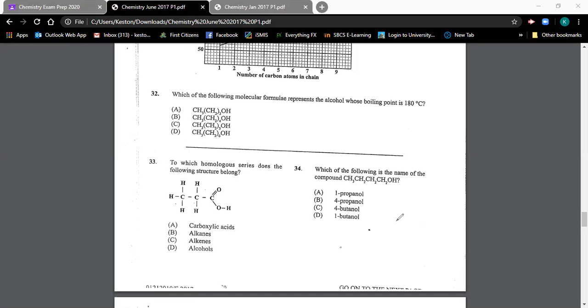What is it? Yeah, good. Butanol. Right, so we know it's 4. Actually, draw it out.